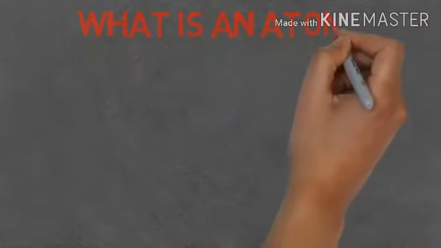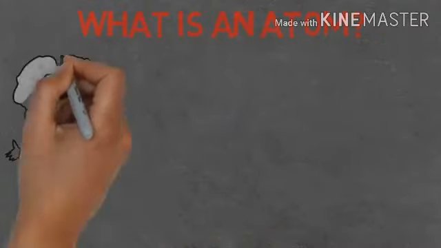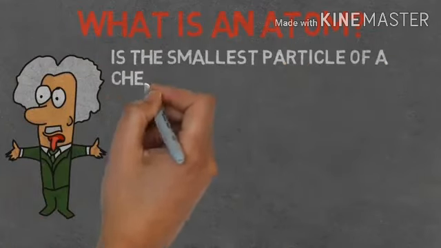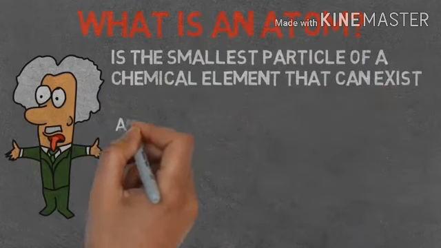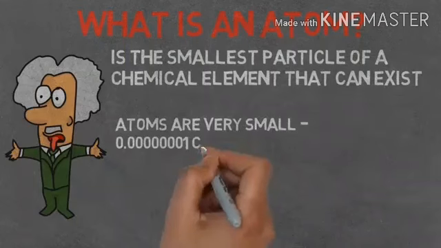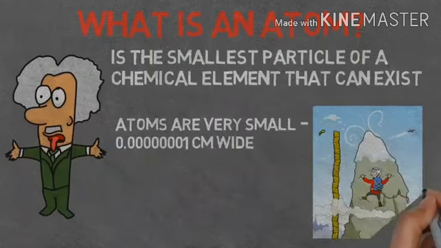So the first question is, what is an atom? An atom is the smallest, indivisible particle that exists in matter. An atom is the smallest particle of a chemical element that can exist. So atoms are very small.